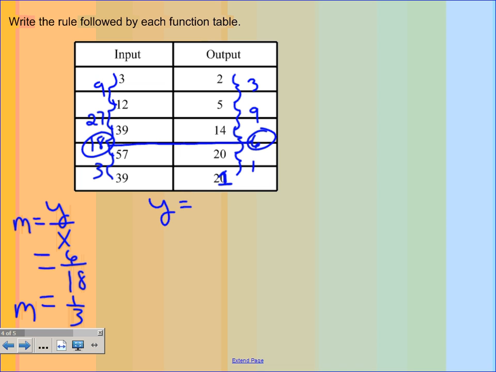y is equal to mx plus b. Substitute in m, which is 1/3. And then I'm just going to choose some values. I think I will choose, what do I want? Let's do 57 and 20.